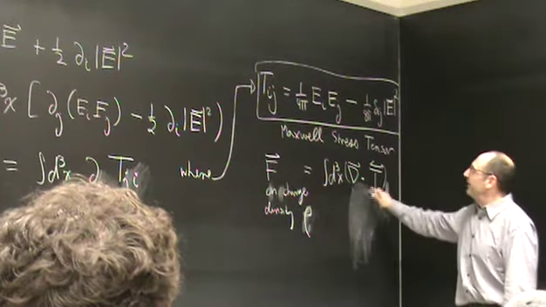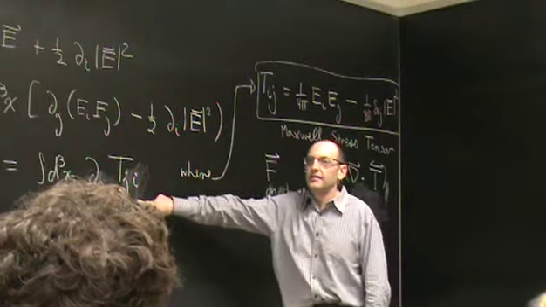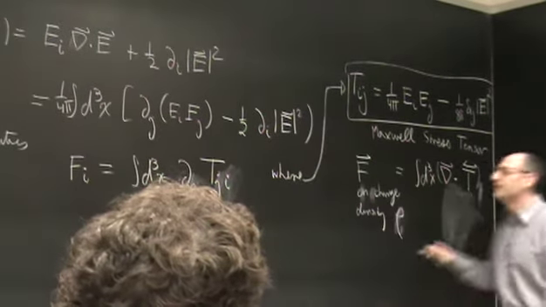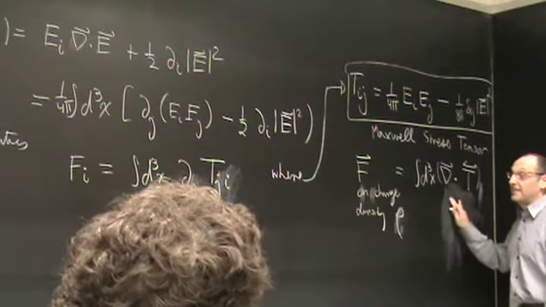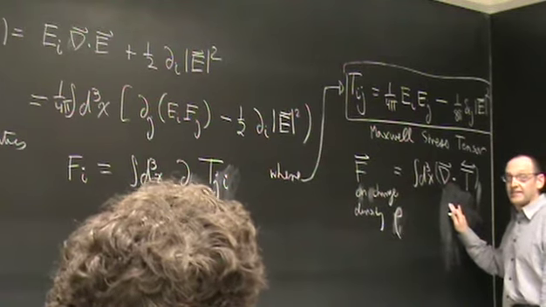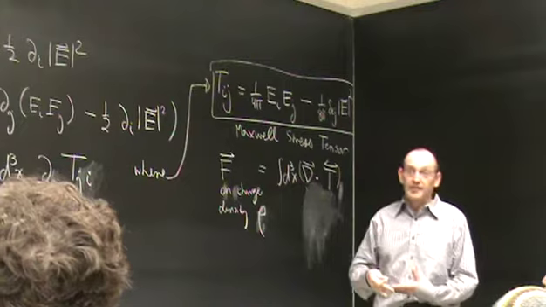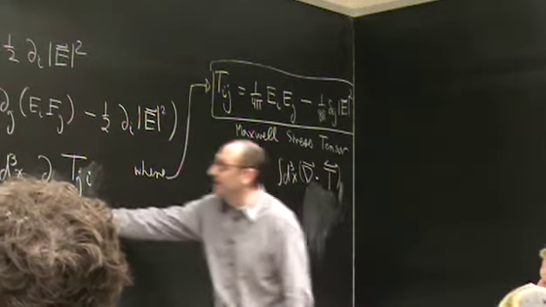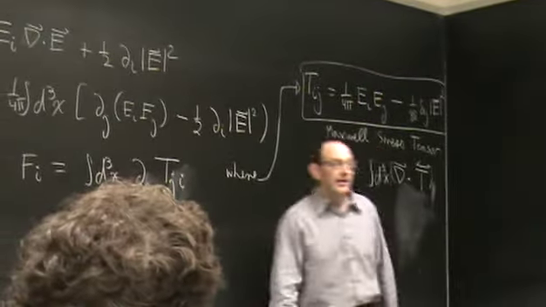Is everyone clear that this is the same as this? This is the divergence of the tensor. The divergence of a tensor is a vector. The divergence of a vector was a scalar, because we're contracting one index.